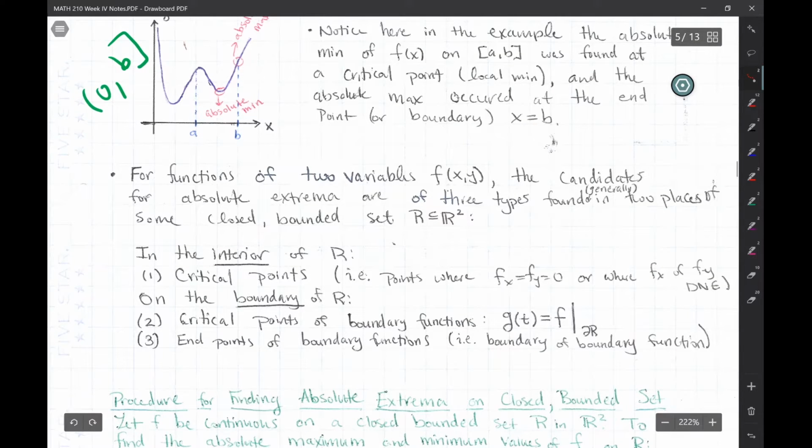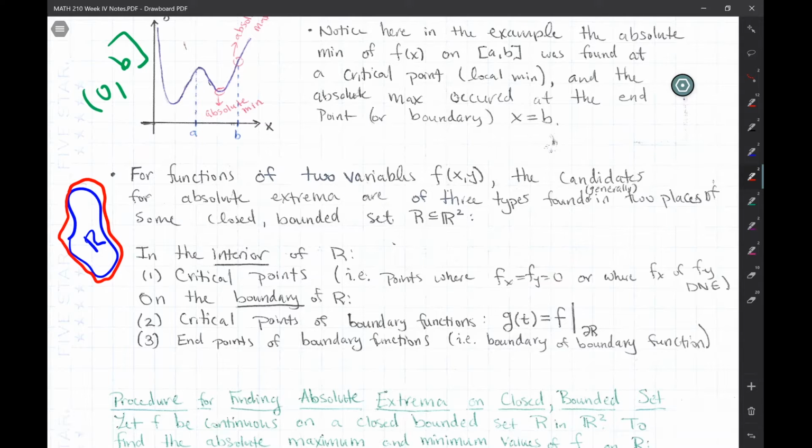And so what is the boundary of a set that's two-dimensional? So if this was the set R, what is the boundary of that? It's going to be a line. It's going to be this line out here that bounds the set R. I didn't draw it right above the blue there, just around it, but basically that blue line is the boundary.